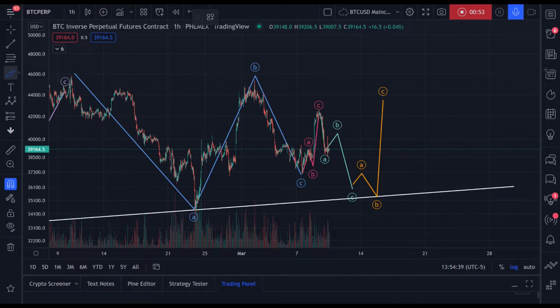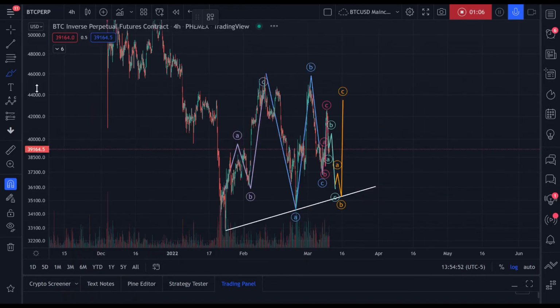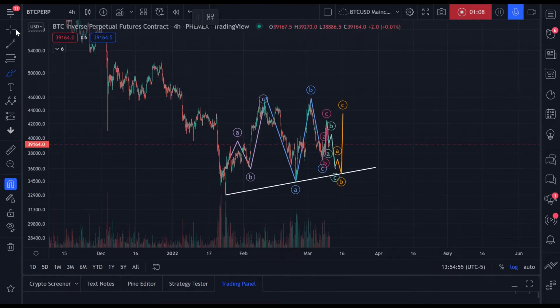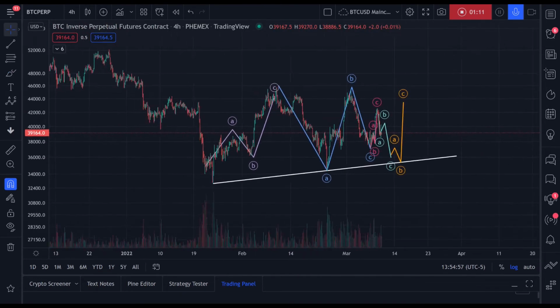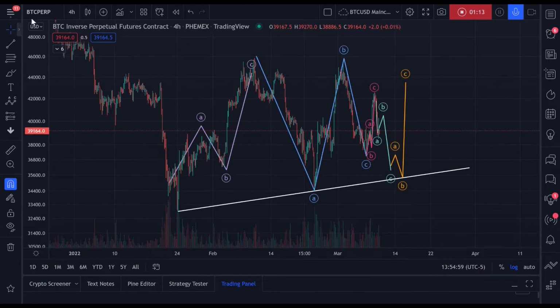All right, on the hourly chart, Bitcoin is pretty much doing what we thought, right? We have our map here. It's a sequence of corrections, right? If we want to zoom out and just look at the entire reversal pattern, we've been following this reversal pattern for months on this channel, okay?